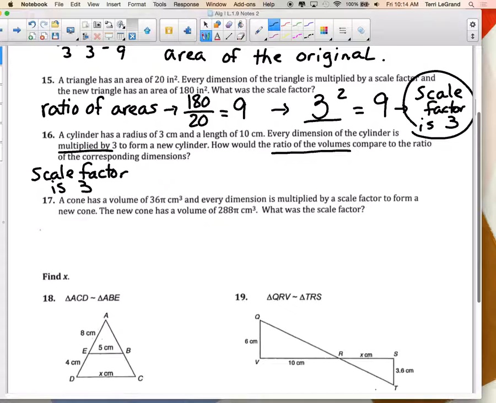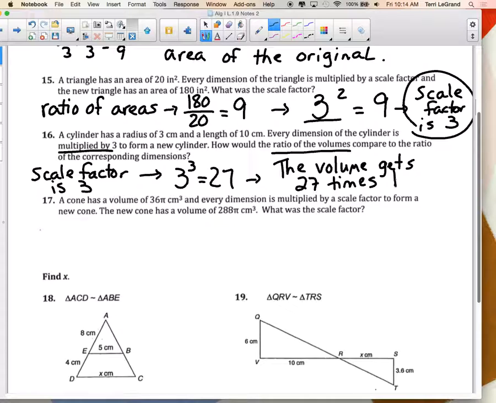Oh, so we have to take that scale factor and cube it. And 3 times 3 times 3 is 27. So we would say the volume gets 27 times bigger.